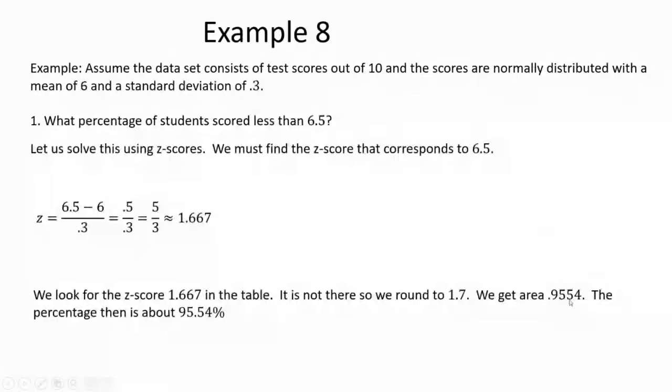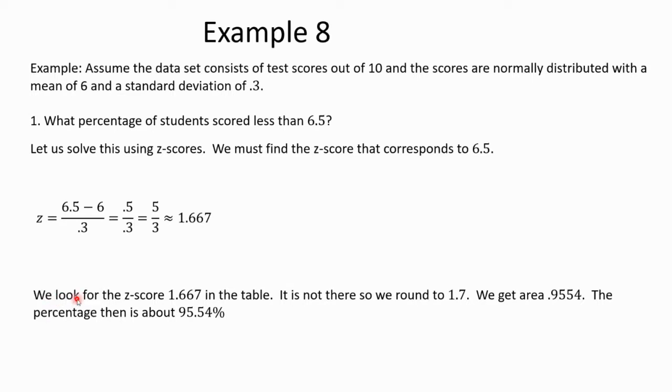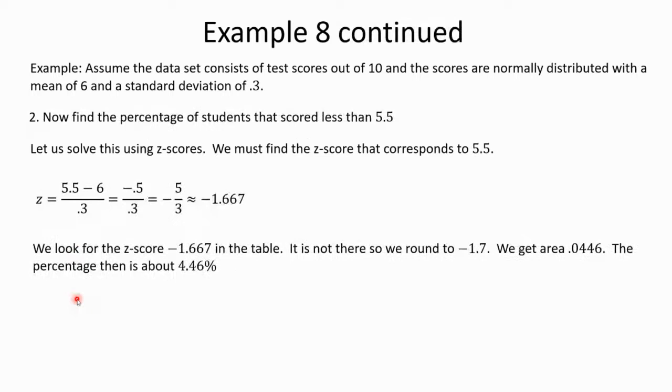So that's the area to the left. For the percentage of data values, you just convert that area to a percent, which is 95.54%. Whenever they say percentage of data values, you're just looking for area. That's what it boils down to. Hopefully that's making sense for everyone.